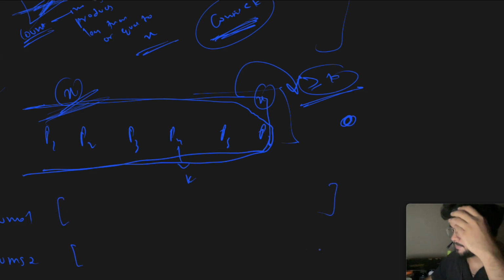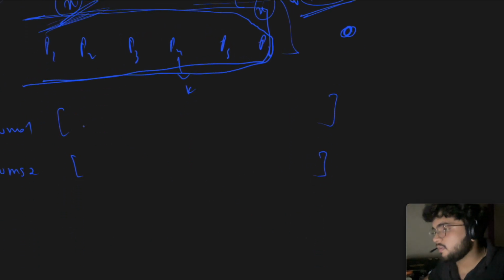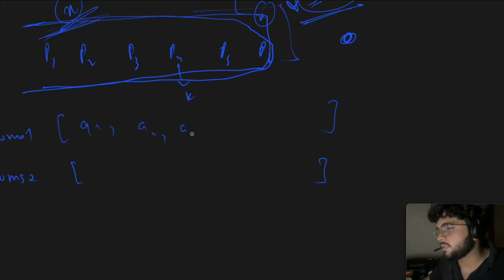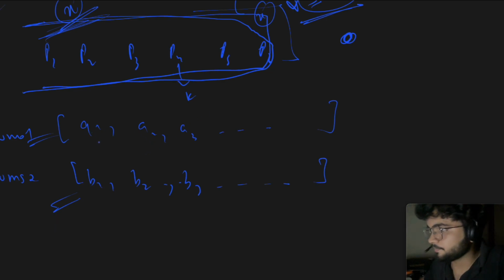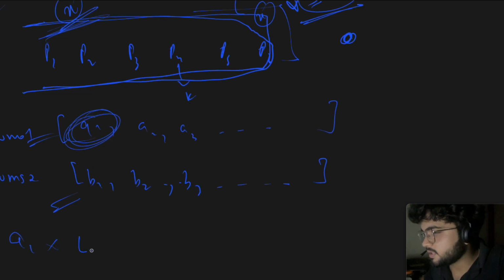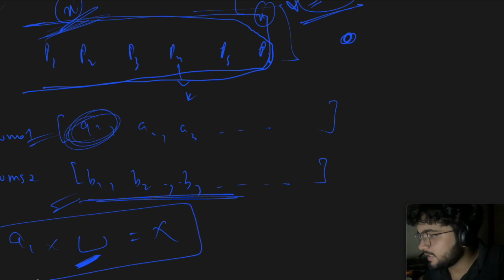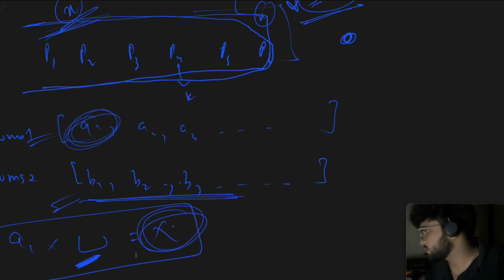These are the arrays. We have some a1, a2, a3 and so on, b1, b2, b3 and so on. We need to select some element from here and some element from here. Now let's say we select a1. So a1 into some value is equal to x. Now we need to find all of the values here in b such that the product is either equal to x or less than this.